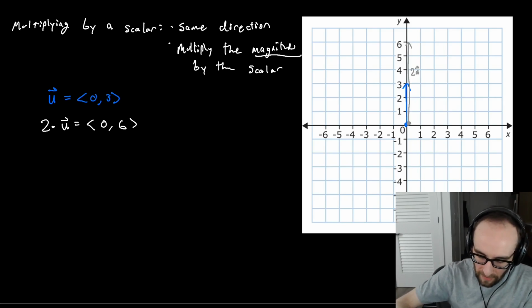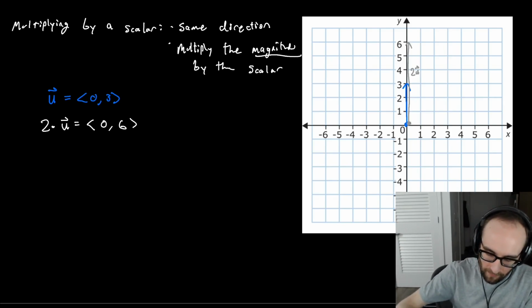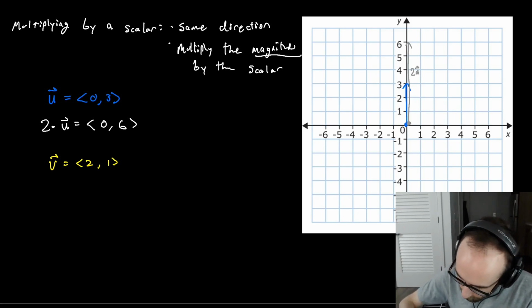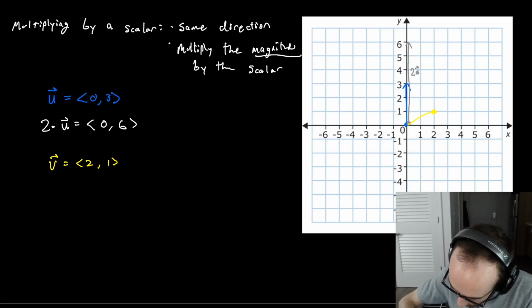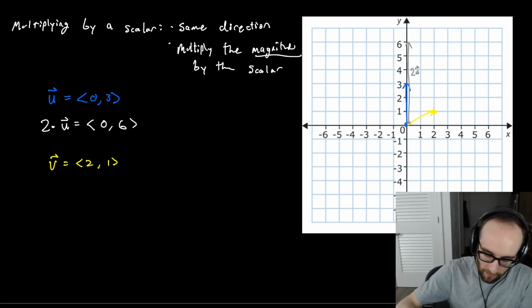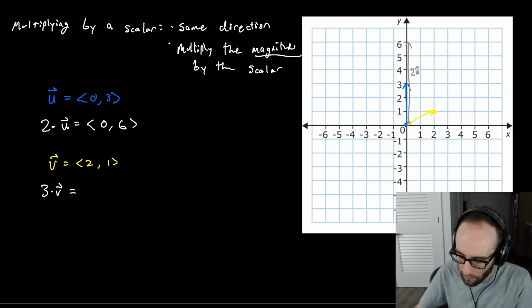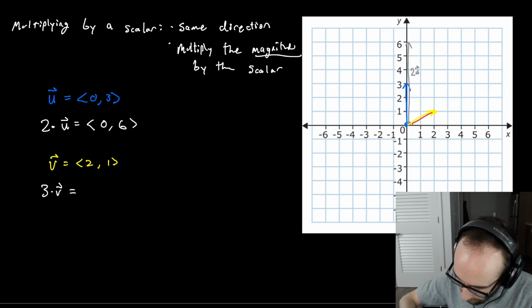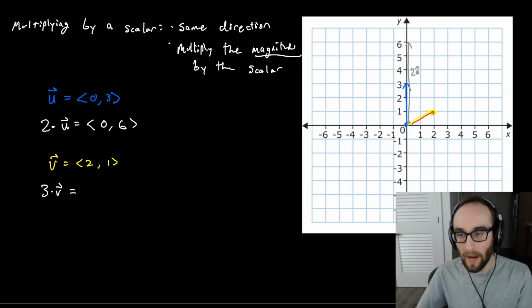Another example would be if we had v as (2, 1). So v is going to be (2, 1) right here. Then if we were to multiply v by 3, we would be going in the same direction, but we would be traveling in that direction 3 times the magnitude.